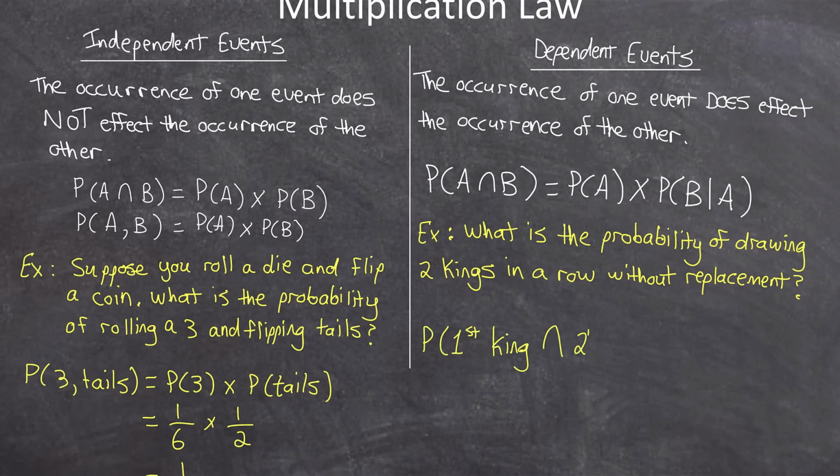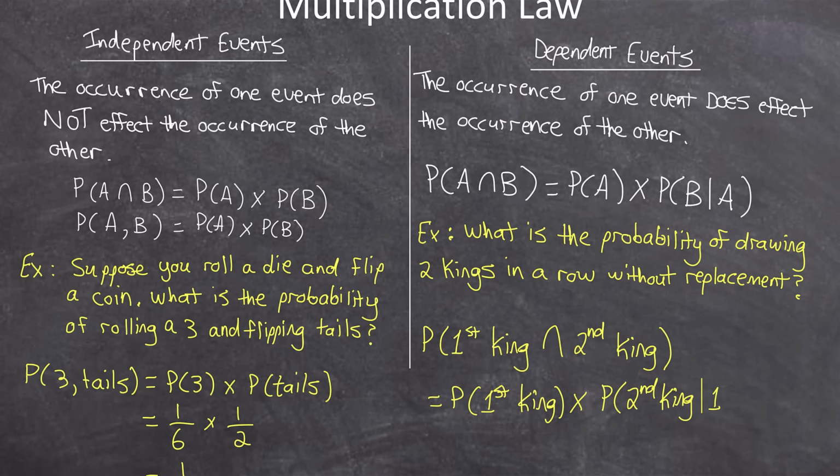So we'll have to multiply the probability of the first card being a king by the probability of the second card being a king, given that the first card was a king. The reason this second probability has to be a conditional probability is that you draw the cards without replacement. So after you take the first card out of the deck, that affects the probability of the second card being a king. So the events are dependent on each other.